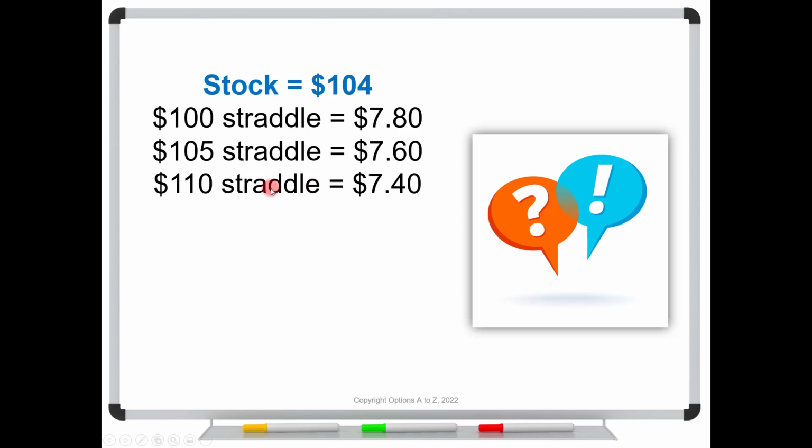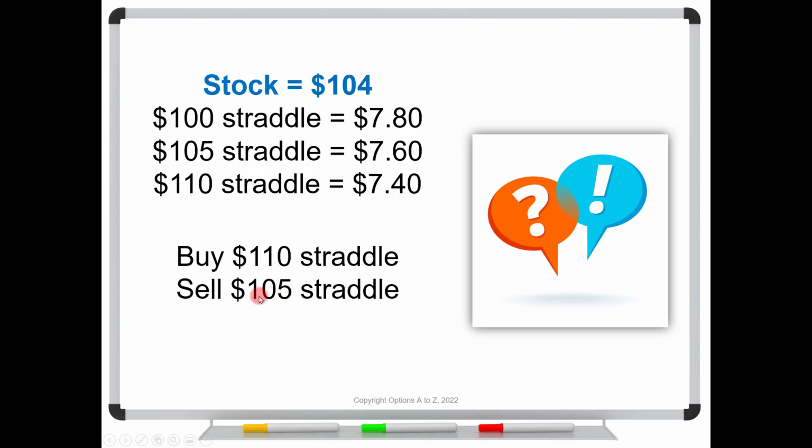Now, could we also buy the 110 and sell the 100? Sure, that would also give you an edge, but not as big as if we sold the 105. And the reason is, again, that the 105 straddle has $6.60 of extrinsic value just for moving up 5 points in strikes.